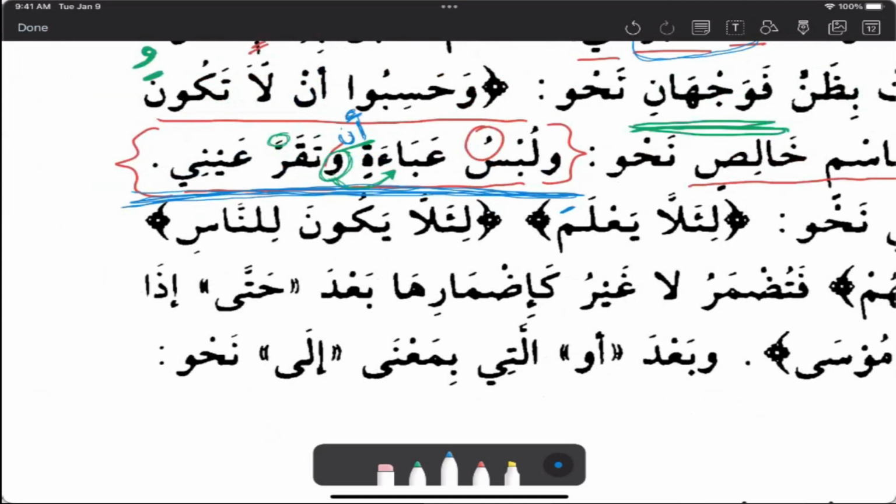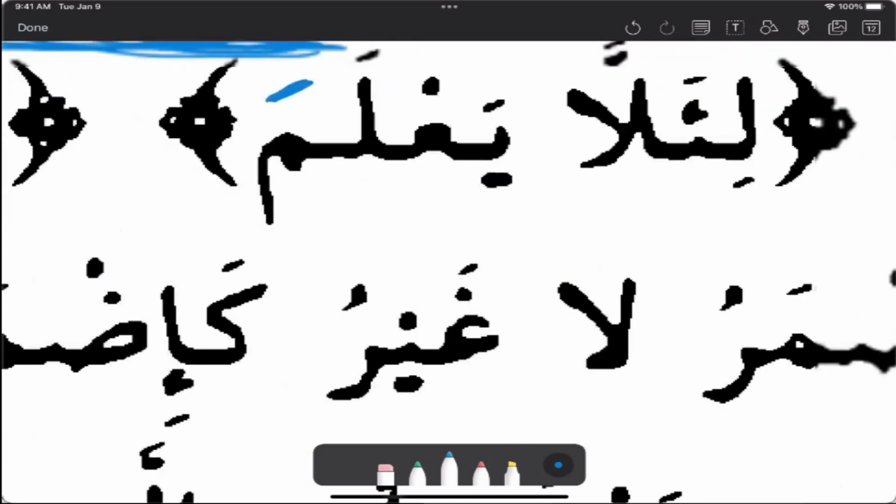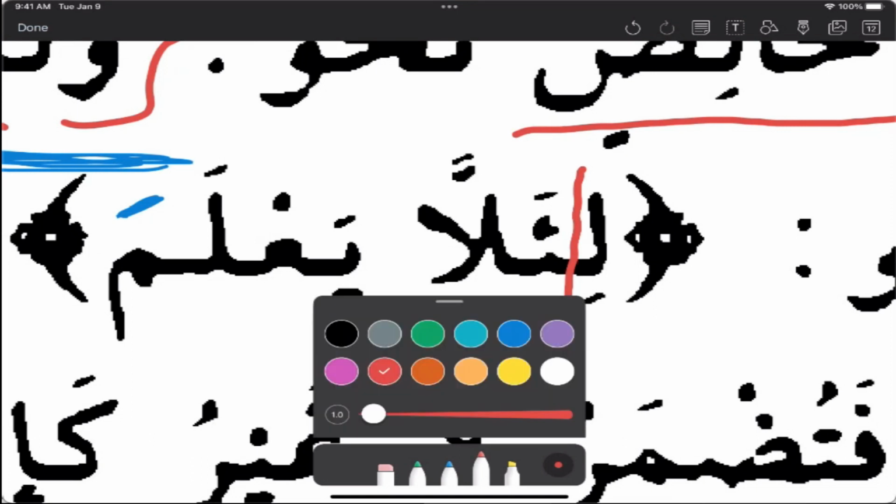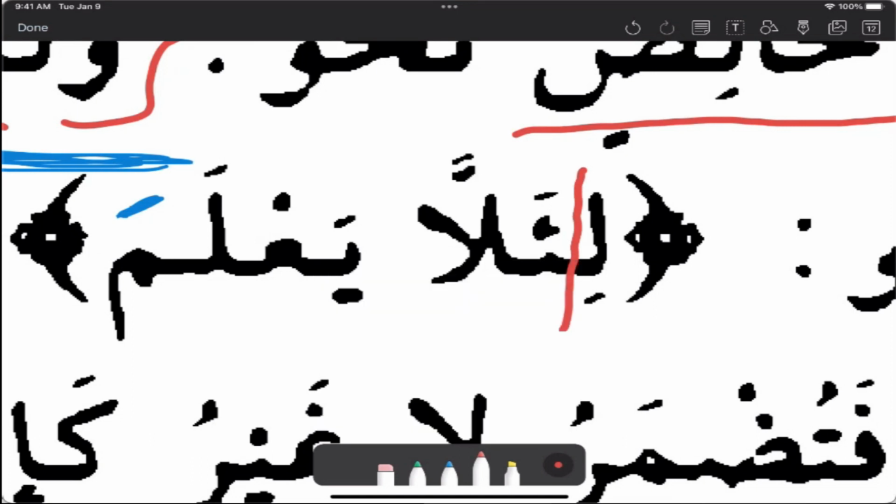In the case of لِأَلَّا يَعْلَمْ here, li, that's harf jar, and then it says here Allah. You have here Hamza, there's lam, li, Allah.